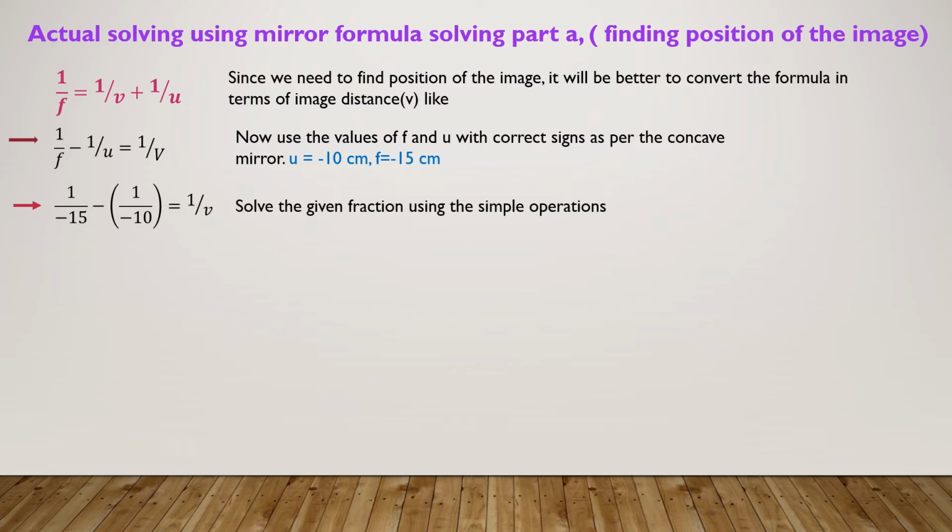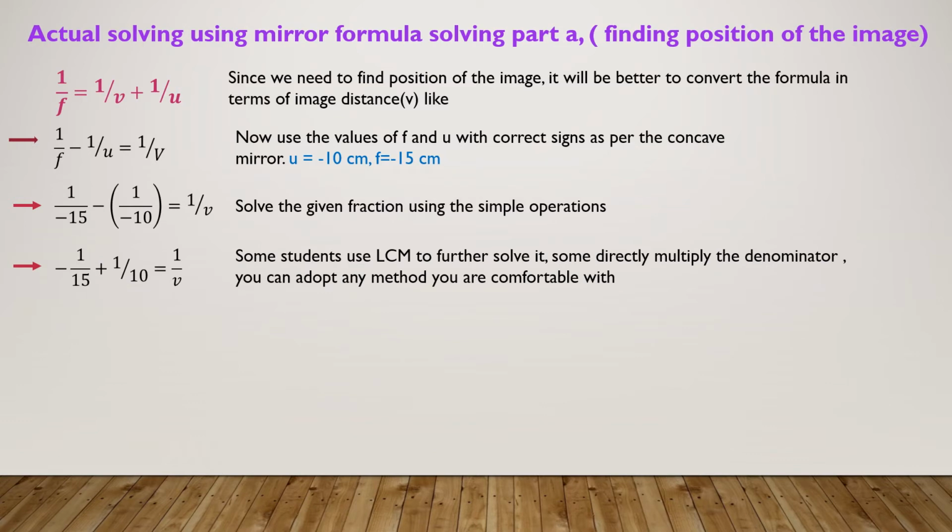This can be solved with the help of simple operations. Now, because there are two negatives, you can see there are two negatives, so this will change to the plus sign. And this further can be solved. These are two simple fractions. They can be solved by the LCM method, or some people like to directly multiply the denominators.